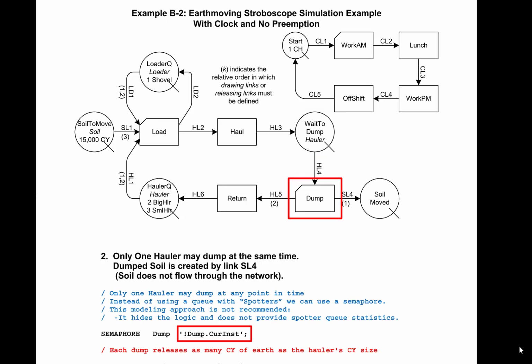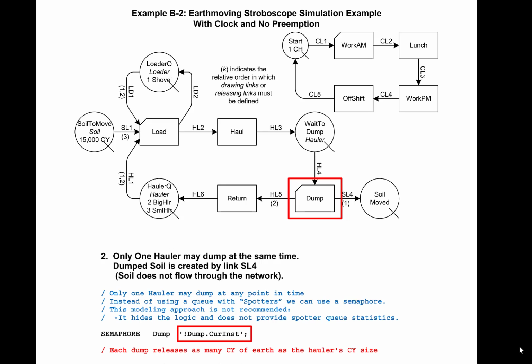On the other hand, if there is an instance of dump going on, then dump.carInst will be 1, in which case the logical not of 1 is 0, which means that the semaphore for activity dump is false, which means that no other instance of activity dump can be created.